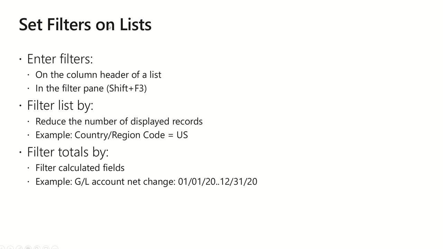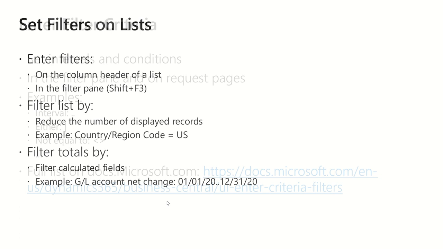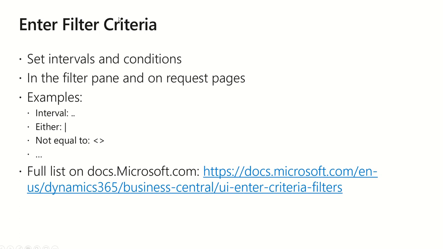Now these are the shortcuts that they promise. If you want to filter the list, for example, you want to display only the customers located in Sydney, you can create a filter. Filter the list by, yeah, the example. Filter the total: if you filter the total, they filter only the calculated column. For the filter criteria, you can set up the interval and conditions.